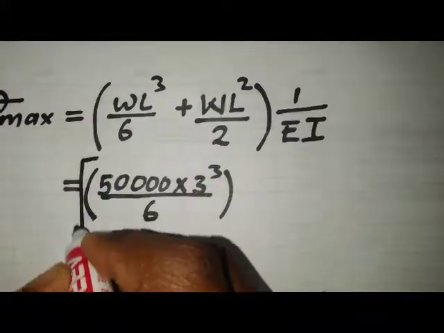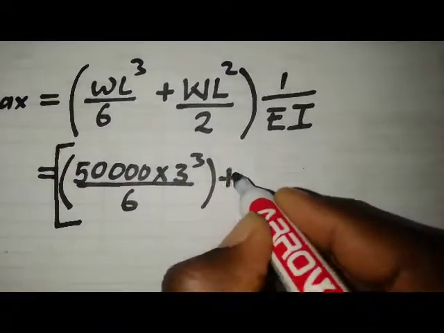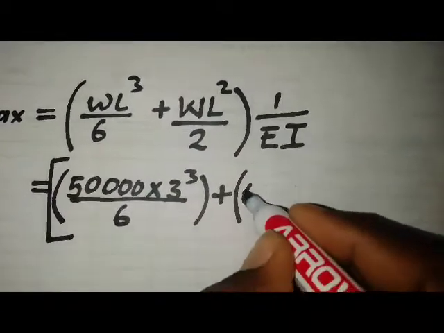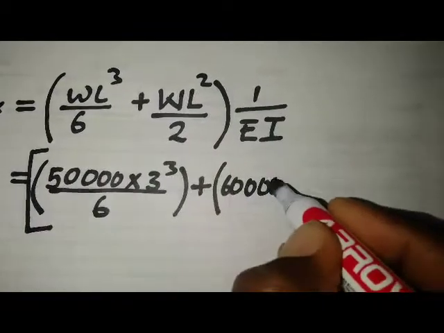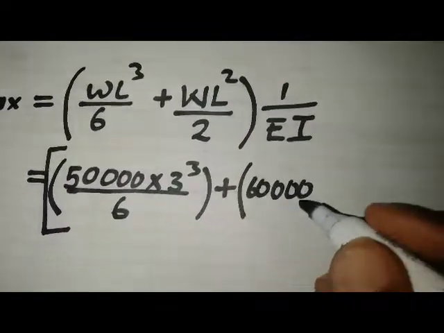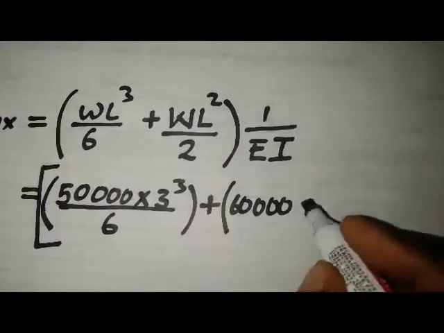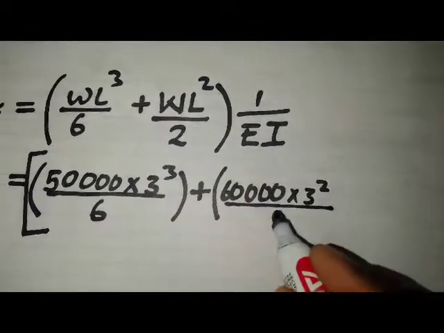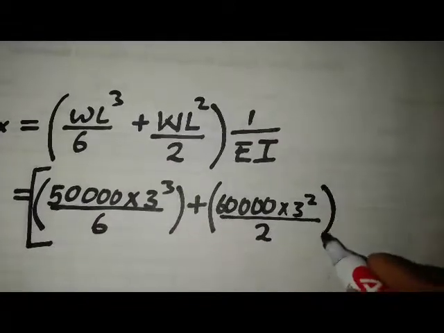We are going to add, for the point load, 60 kilonewtons, and the length squared, 3 squared, divided by 2.